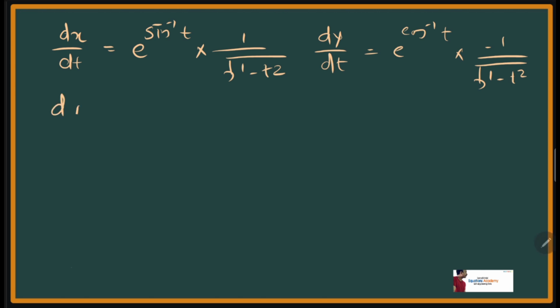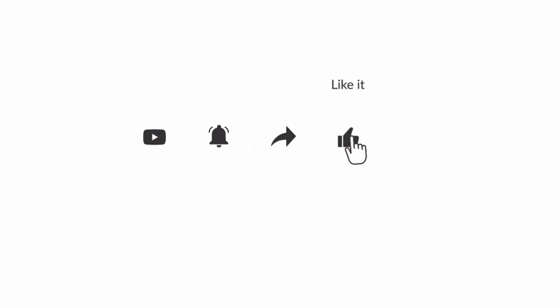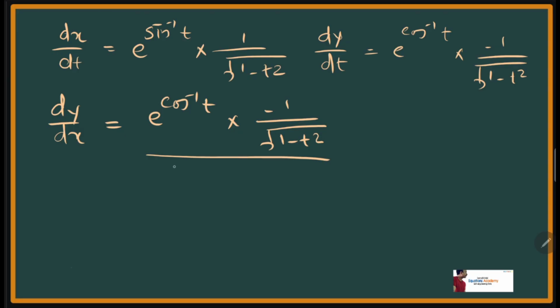Therefore, dy by dx is equal to dy by dt divided by dx by dt. So dy by dt is e raised to cos inverse t into minus 1 by root 1 minus t square, whole divided by dx by dt, that is e raised to sin inverse t into 1 divided by root of 1 minus t square.